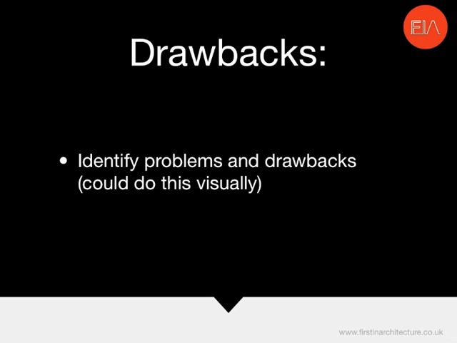A really good way is to get your site plan and again scribble on it, draw on it, or use a pull-out image of the area that you're trying to focus on.